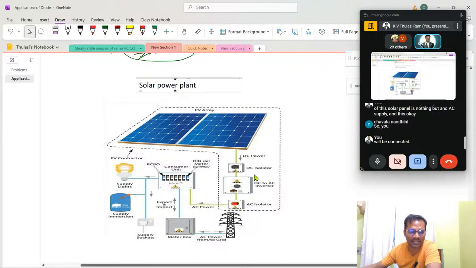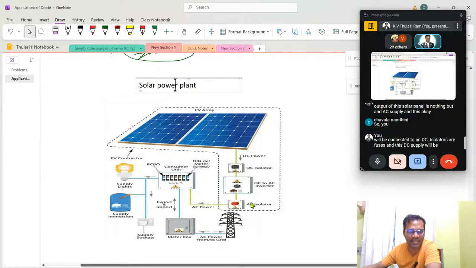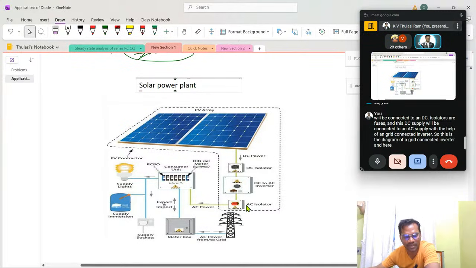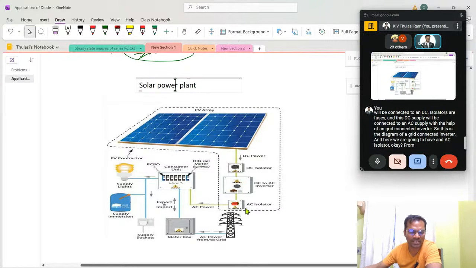This DC supply will be connected to DC isolators or fuses, and then converted to an AC supply with the help of a grid connected inverter. Here we have an AC isolator, from which we can connect our AC supply to our home: lights, tube lights, AC.